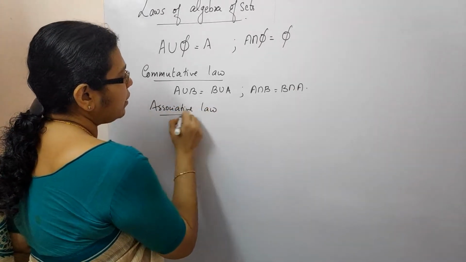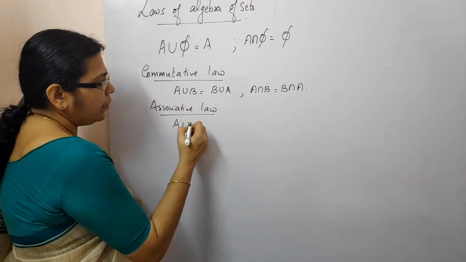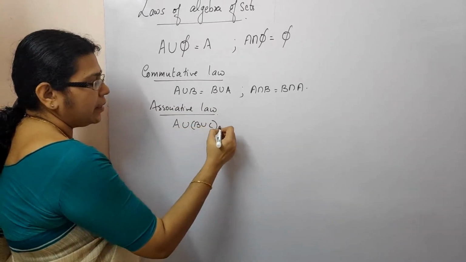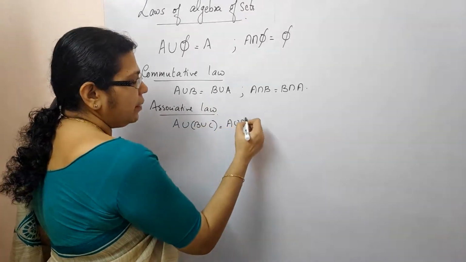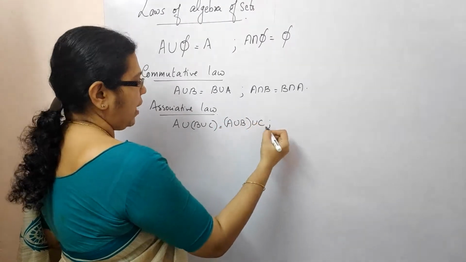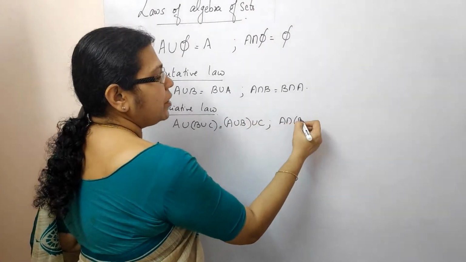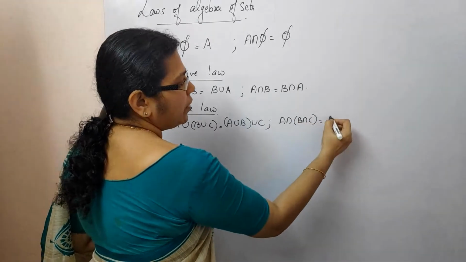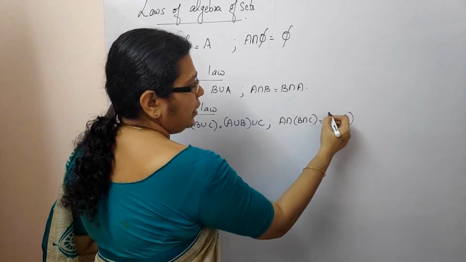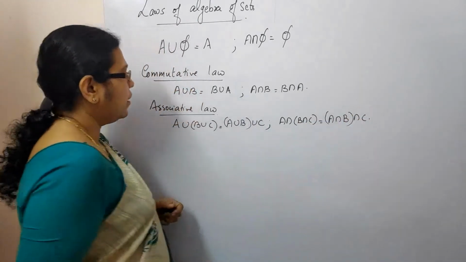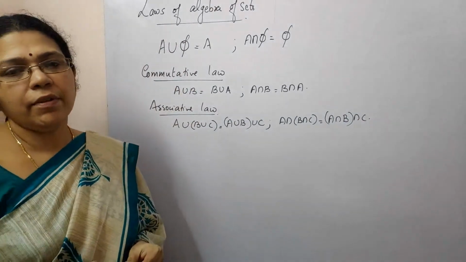All these laws are familiar to you. (A union B) union C is equal to A union (B union C), and (A intersection B) intersection C is equal to A intersection (B intersection C). So that is the associative law.